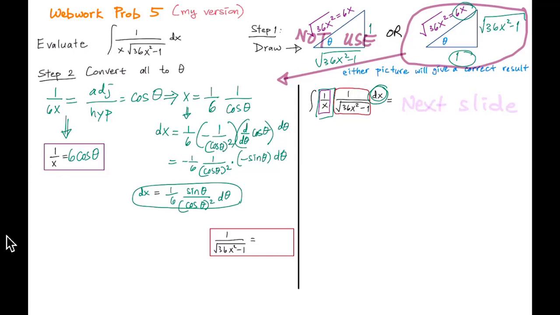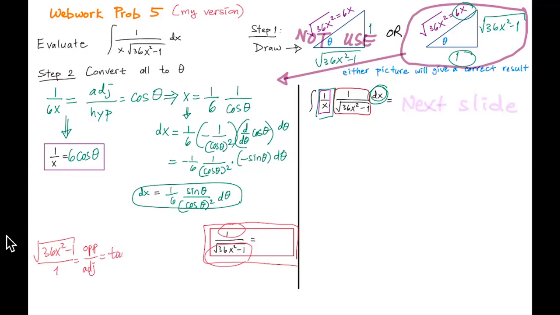And finally, I need to figure out how to replace this last box. I see that I have 1 over this value. So both values are sides of my triangle. So let me use those. If I do square root of 36x squared minus 1 over 1, this is opposite over adjacent.